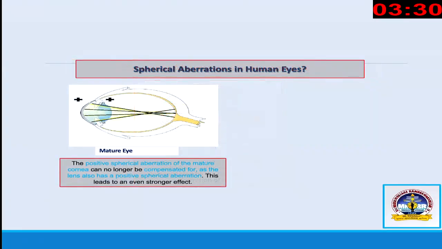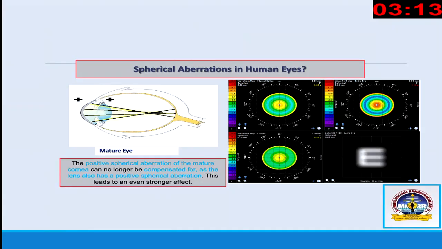But with aging, as the lens keeps on hardening and the cataract develops, the negative spherical aberration of the crystalline lens changes into positive spherical aberration, which deteriorates the quality of vision in the eye.